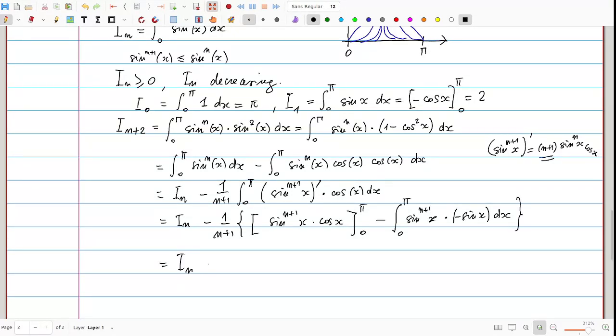Okay, so In minus 1 over n plus 1, and now notice that in 0 and in pi the sine is 0, so this is cancelled, and here we have minus minus, so plus the integral of sine to the power n plus 2 again.